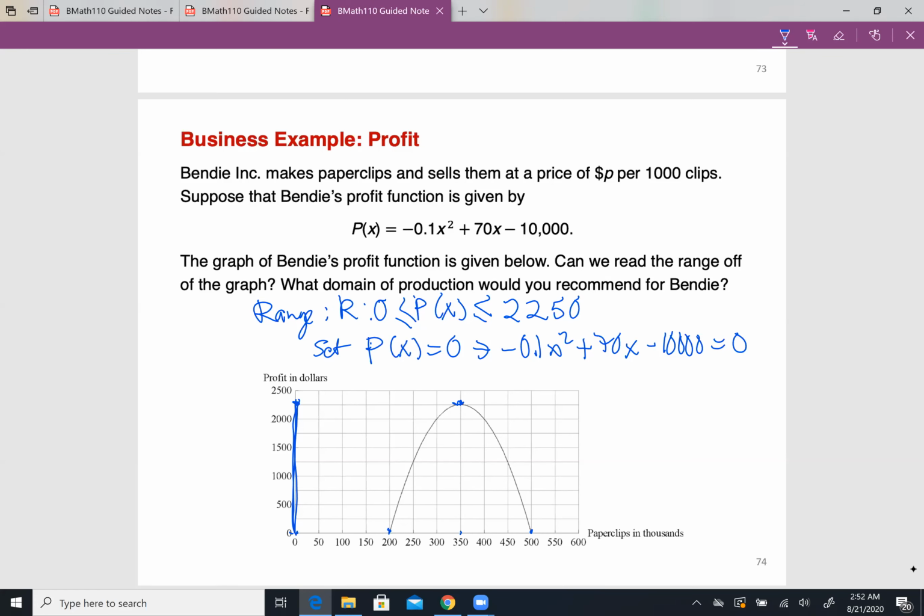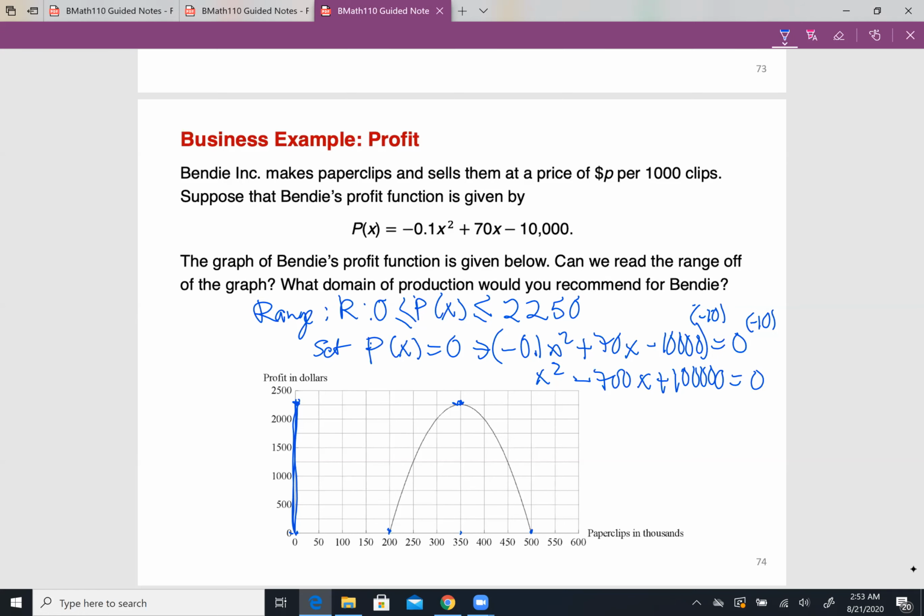Okay, so multiply by negative 10. So we have x squared minus 700x plus 100,000 equal to 0.